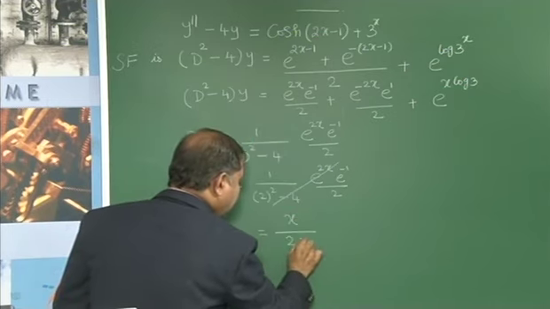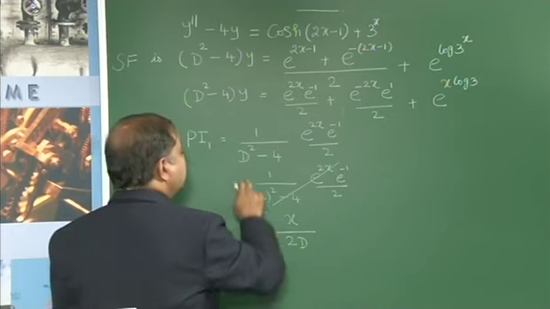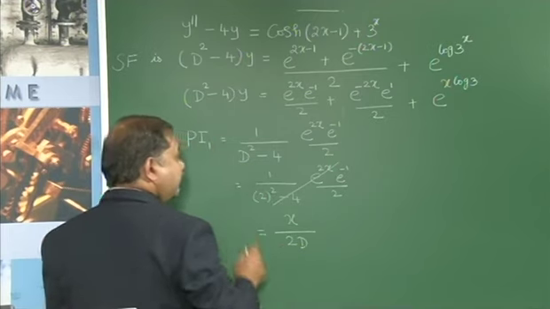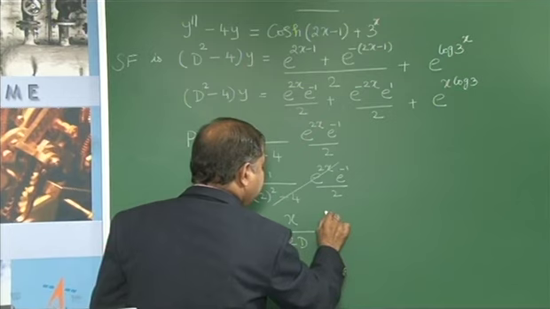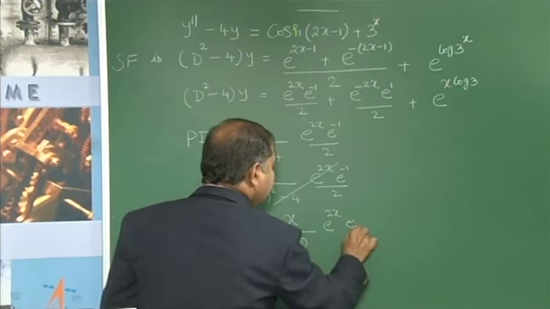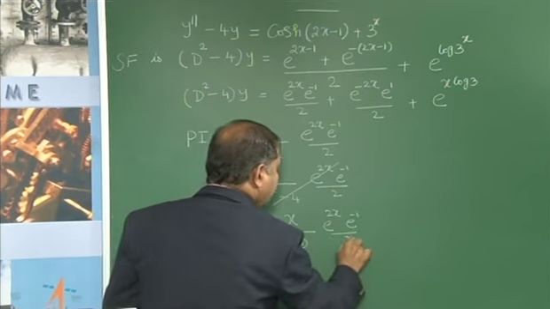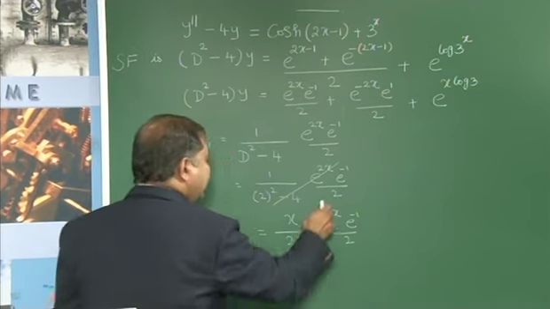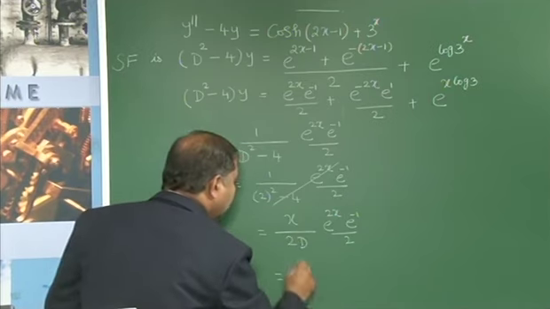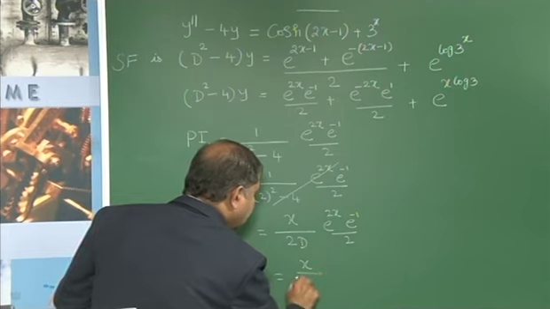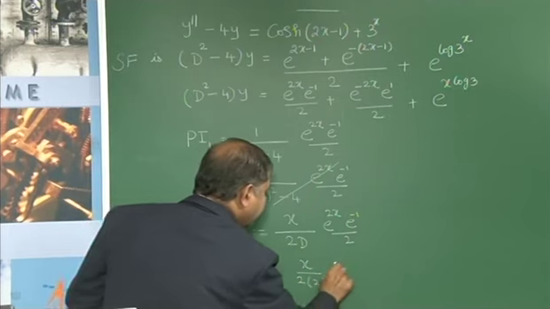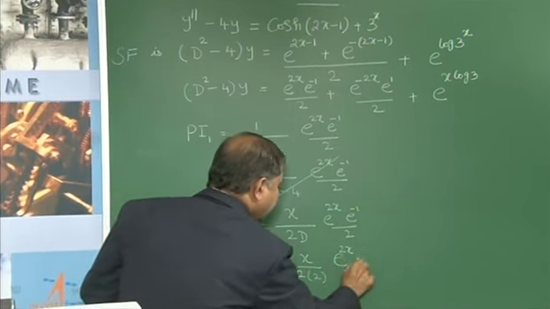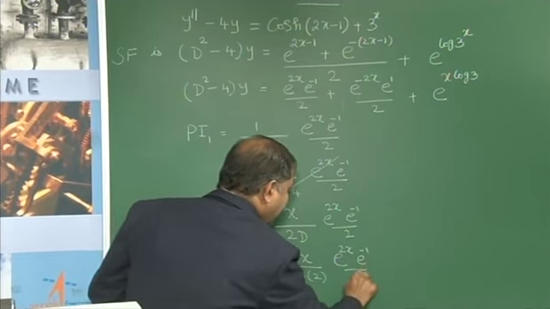Differentiate the denominator with respect to D. So D squared becomes 2D. Then this is there as it is, e power 2x e power minus 1 by 2. Now replace D by 2, so 2 into 2, x e power 2x e power minus 1 by 2.